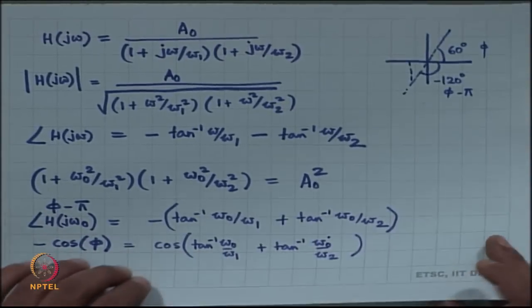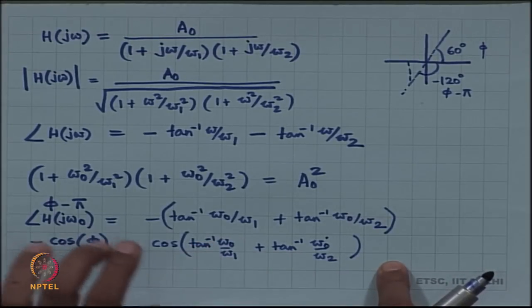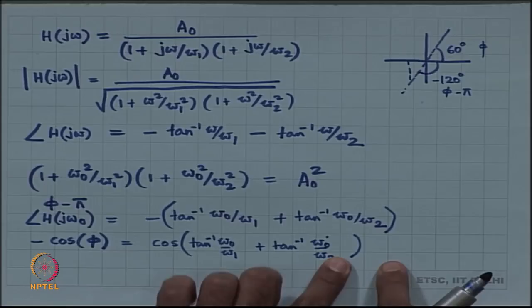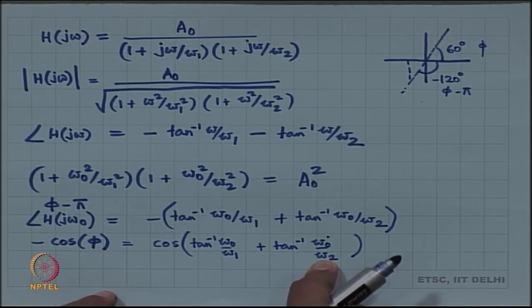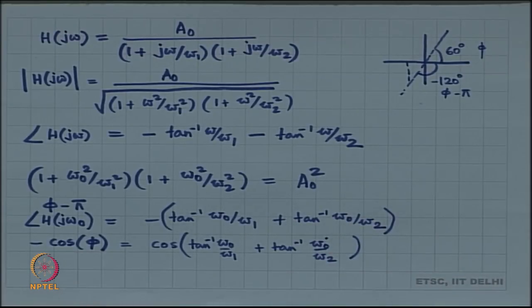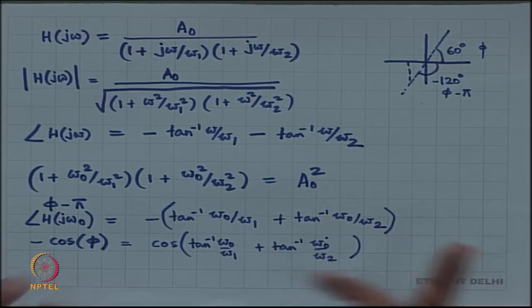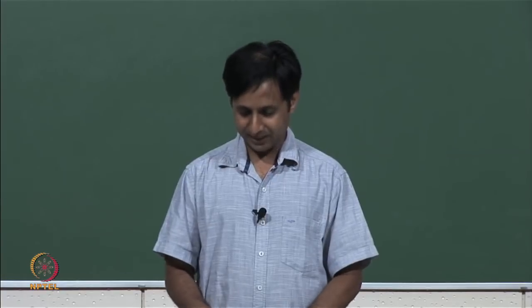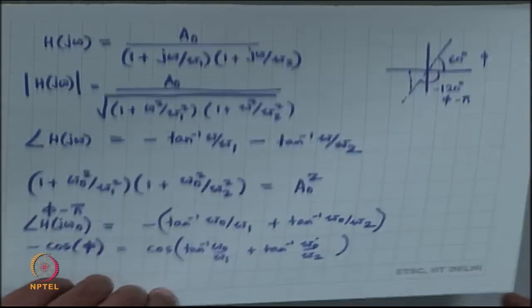But let us try to understand that cos of something plus something is nothing but cos something cos something minus sine of something sine of something. Cos of A plus B is cos A cos B minus sin A sin B, that much I remember. Okay. So, if I want to evaluate this, then all I have to work out is what is cos A, what is cos B, what is sin A, what is sin B, where A and B are these tan inverse things. All right.